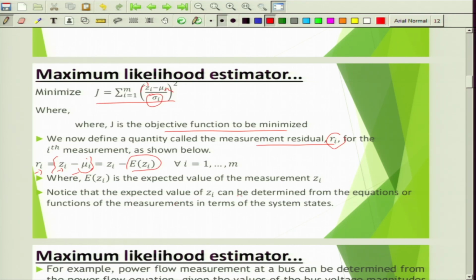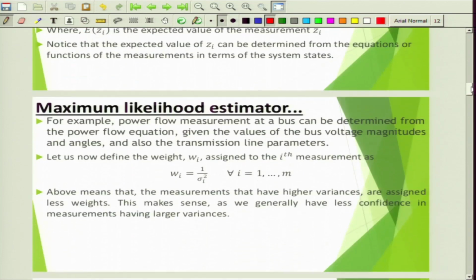Notice that the expected value of Zi can be determined from the equations or functions of the measurements in terms of the system states. The expected value of Z can be obtained from the system states. So basically this is the measurement matrix and this is the expectation matrix. So the expected value should be close to the true value, right. That means you want the residual to be 0, that will be the objective. This is basically the error.